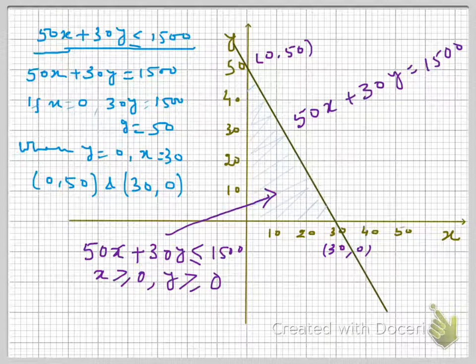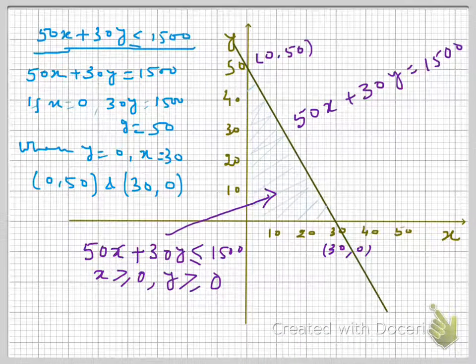So this particular region, which is highlighted here, will be giving you for every point such values of X and Y which give 50X plus 30Y less than 1500. Also X greater than or equal to 0 and Y greater than or equal to 0.